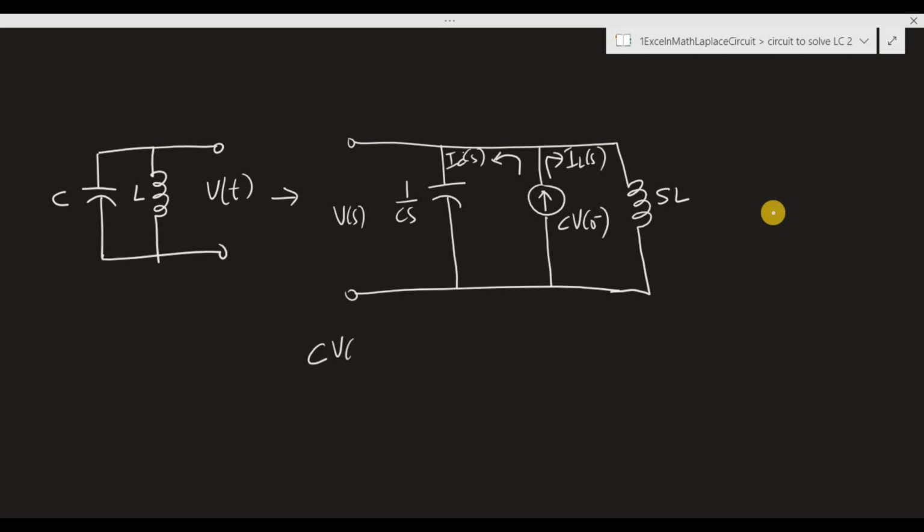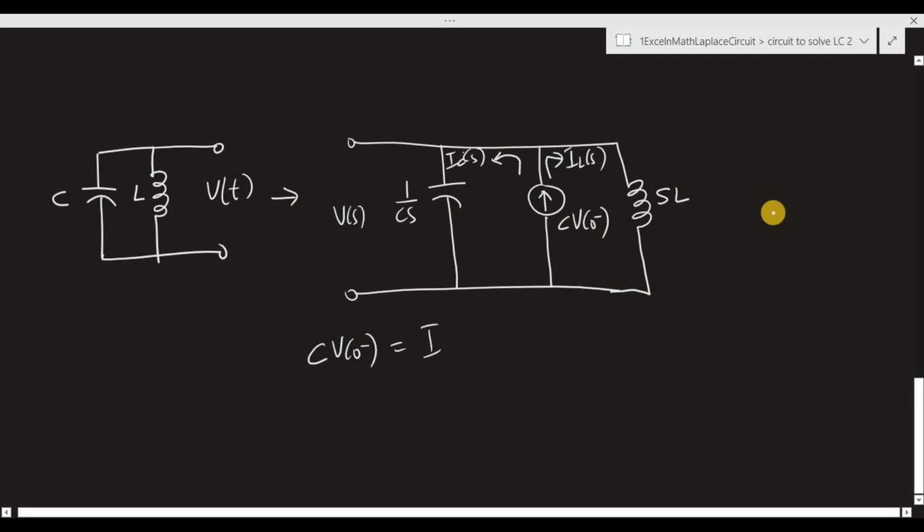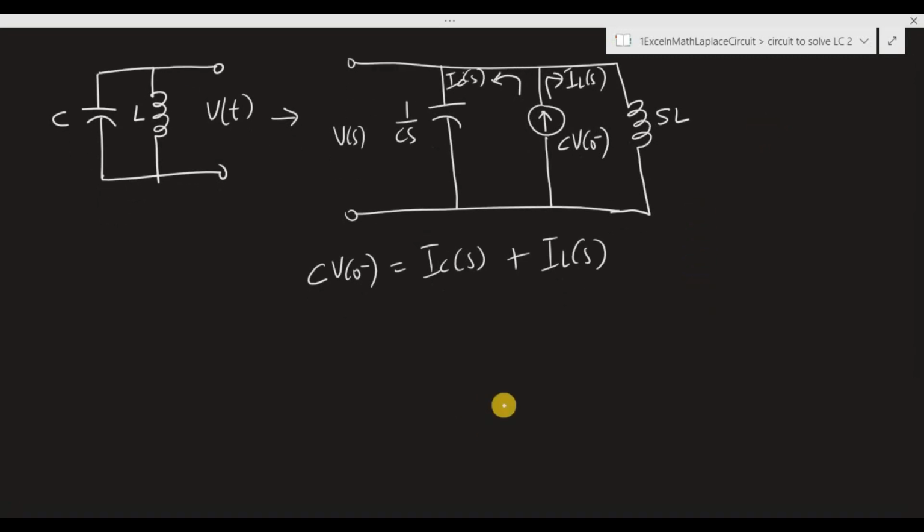So CV0 minus equals IC of S plus IL of S. So CV0 minus equals the current through the capacitor, which is the voltage across the capacitor over its impedance 1 over Cs, and the current flowing into the inductor, which is the voltage across the inductor divided by its impedance sL.